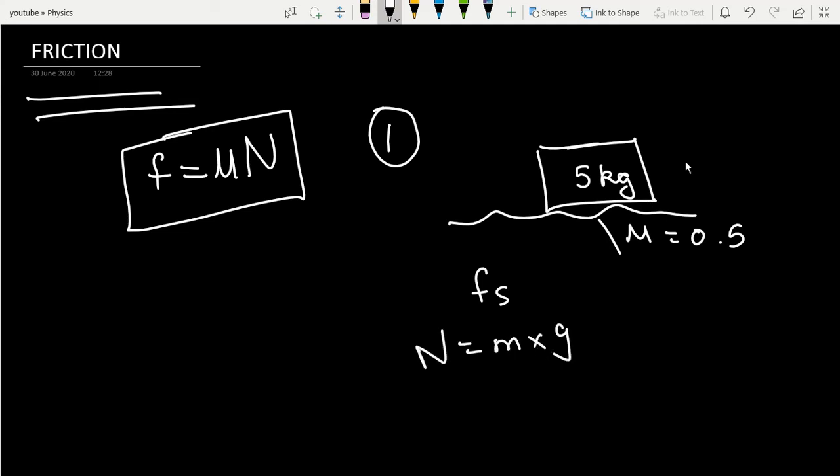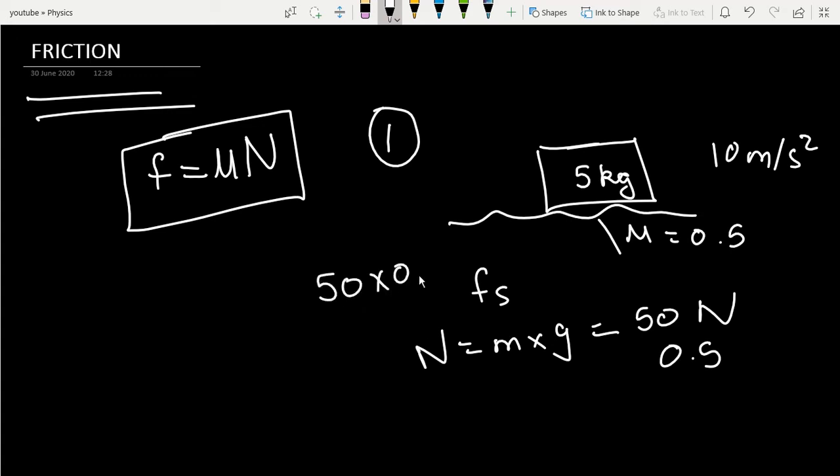Here we can take gravity as 10 meter per second square. So the normal would become 50 Newton, and the mu would remain the same, 0.5. So the friction would become 50 into 0.5, which is 25 Newton. So we got the friction as 25 Newton.